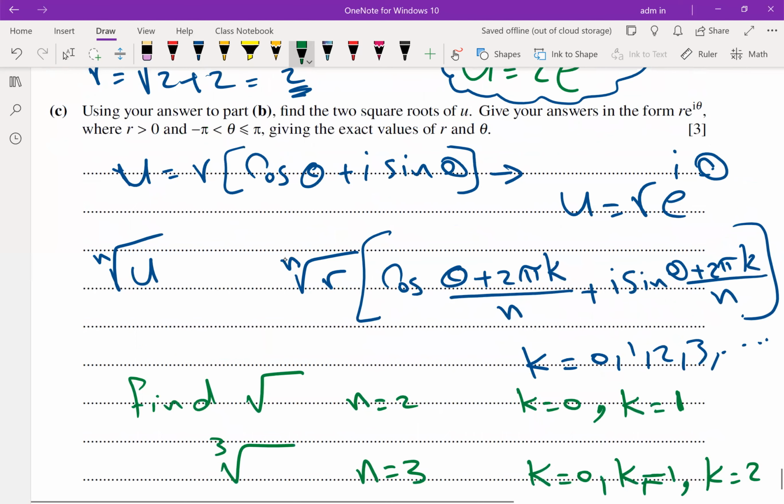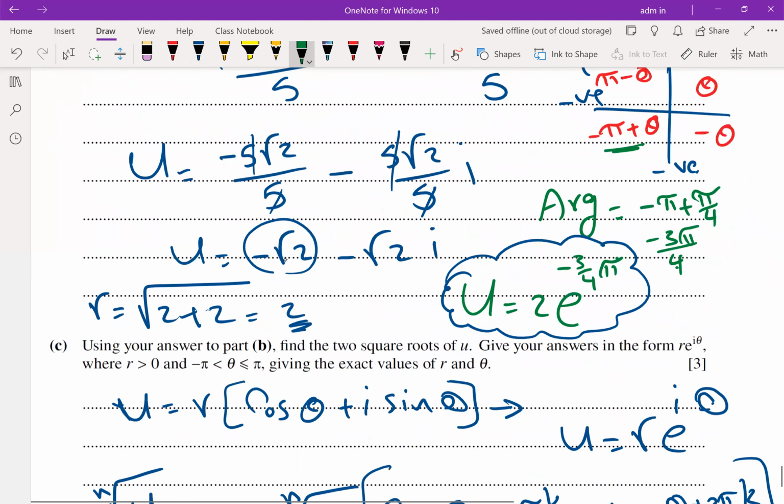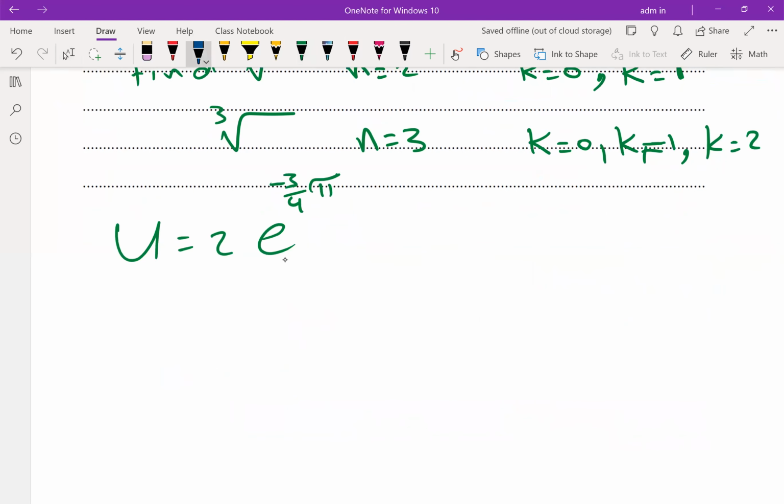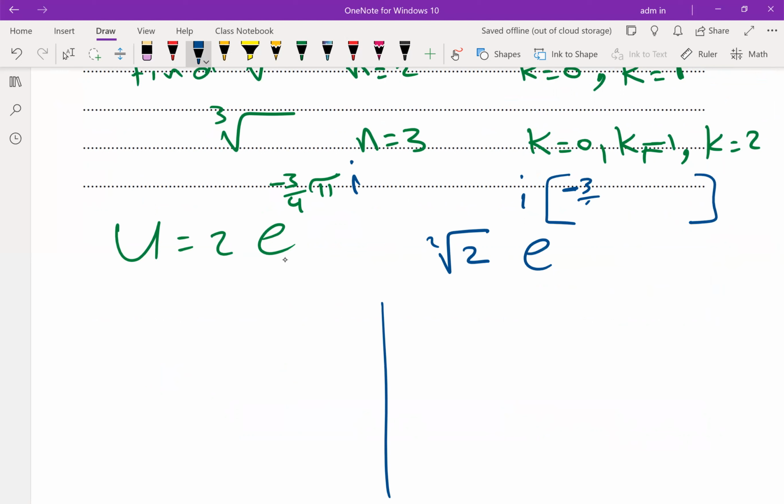Let's go back now to part B, the complex number written now in this form. u is equal to 2 e to the power of negative 3 over 4 pi i. Asked to get what? The square root. We have 2 square roots. In general, square root of 2, then e to the power of i, but now theta is the value negative 3 over 4 pi.